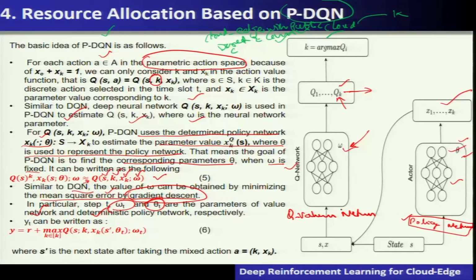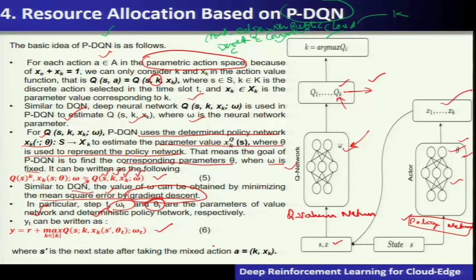There are two types of networks trained here, and starting with the state space, using the policy it will formulate an action. So these particular discrete values of x will be determined, and then the values of s and x are given to the value network, and the value network will find the best of this q value.